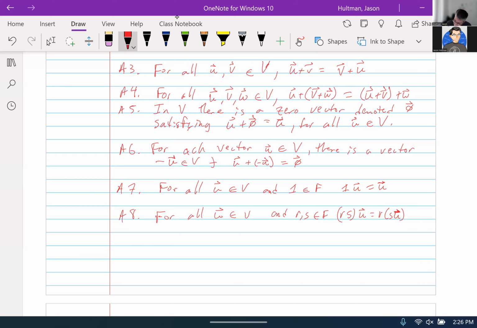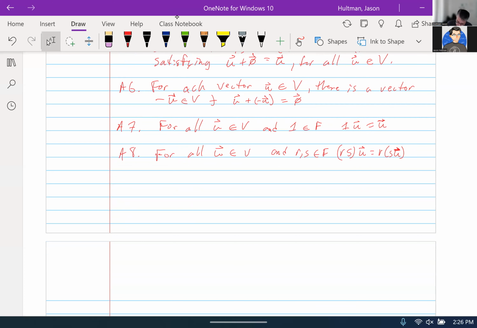A9: for all u and v that are elements of V, and r an element of F, r times (u plus v) is equal to ru plus rv.